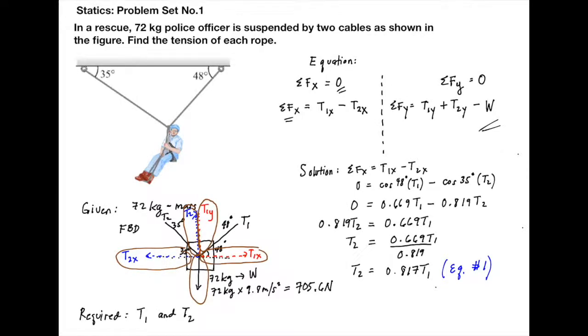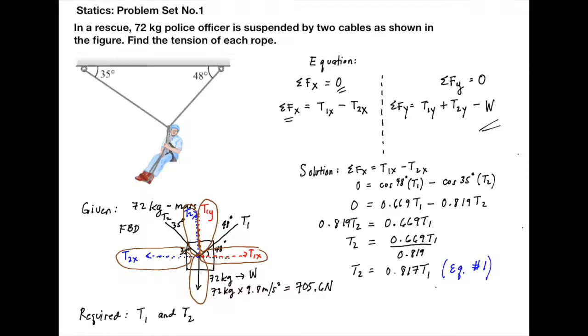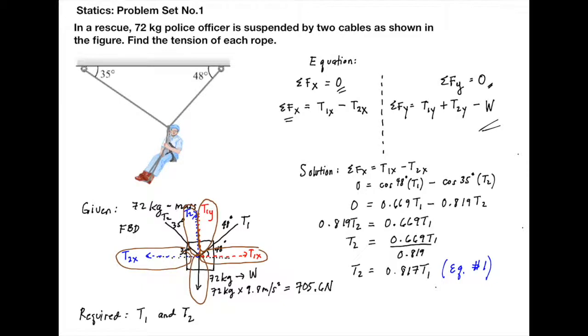We have the summation of fy equals T1y plus T2y minus w, and since the value of the summation of fy is 0, this could be represented as 0 equals the value of T1y, which is simply this portion.